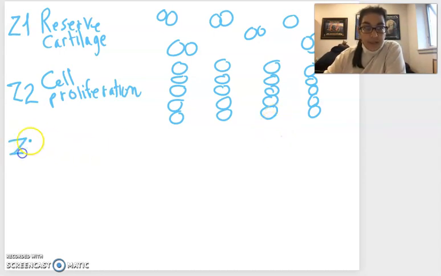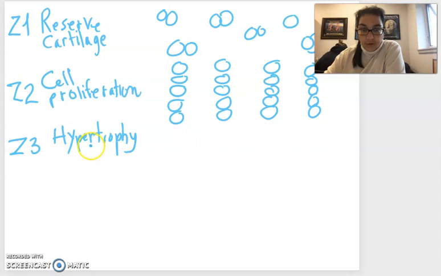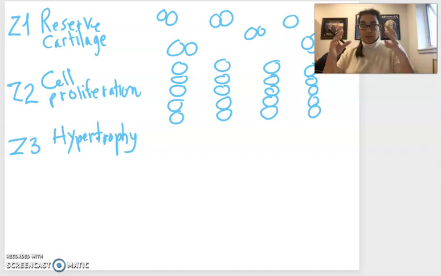Zone 3 is called zone of hypertrophy, or hypertrophic zone. This is where the cells enlarge and the lacunae enlarge. So hypertrophy is going on here. Hyper is bigger, larger. Troph is growth. So zone of hypertrophy, you have growth in size.